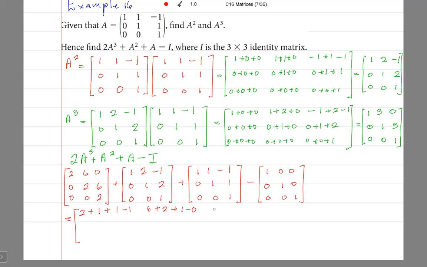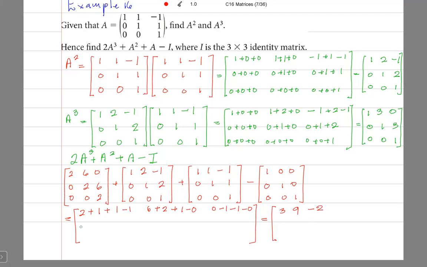And to the right, we have 0 minus 1 minus 1 minus 0. All right, so the top row in the answer would be 3, 8 plus 1, 9, minus 2. Oops, minus 2.